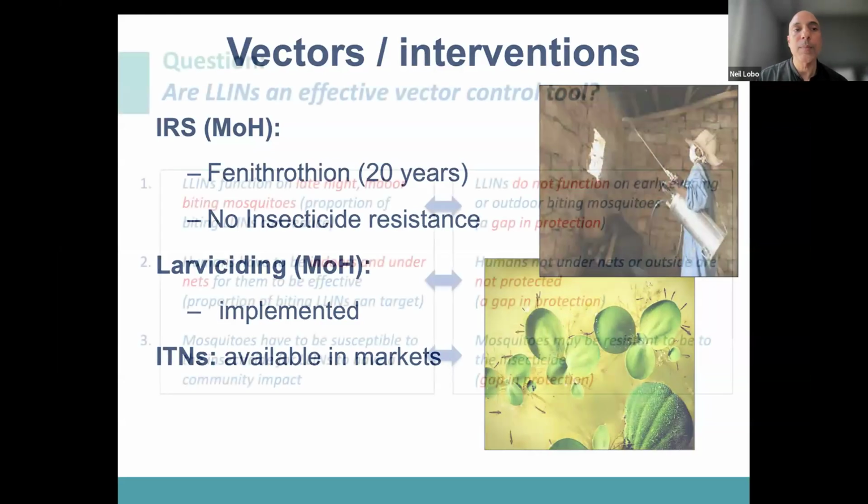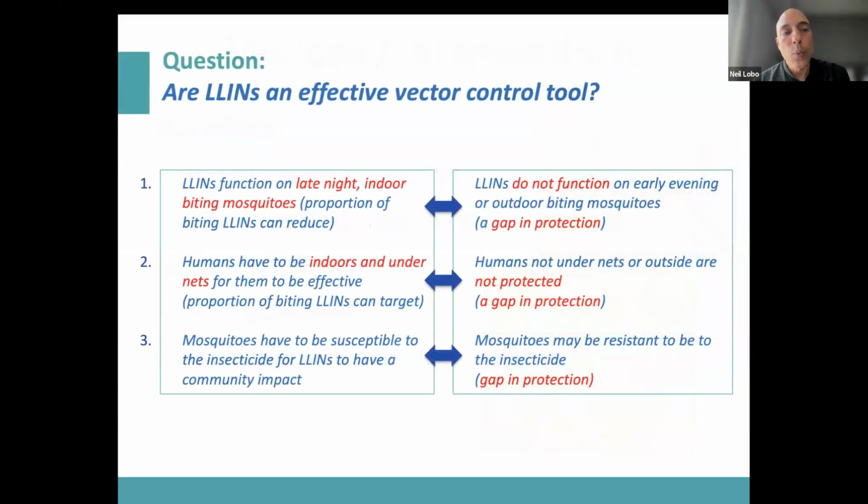And so the question the ministry had was, will LLINs, or bed nets, be an effective vector control tool at our site? Because they had these pockets of transmission that would not go down. And if you remember, on day one we went over how LLINs function and how they do not function. We formulated our entire entomological surveillance plan based on this question and how bed nets work and do not work.